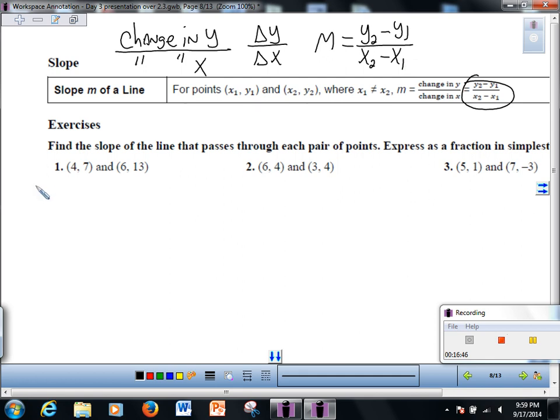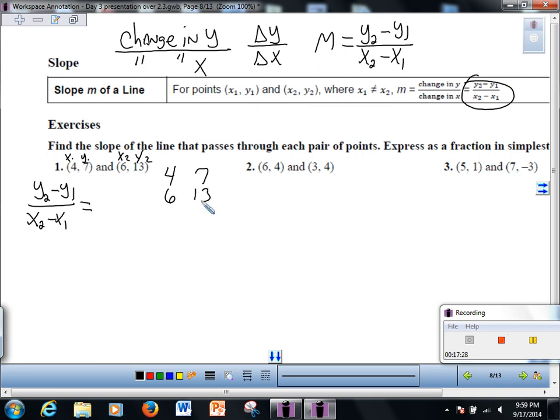Well, here's what I got. My formula says subtract your y values over subtract your x values. So here's x sub 1, here's y sub 1, here's x sub 2, here's y sub 2. Pretend it was in a column just like we did. If it was in a column, it would look like this: 4, 7, 6, 13.